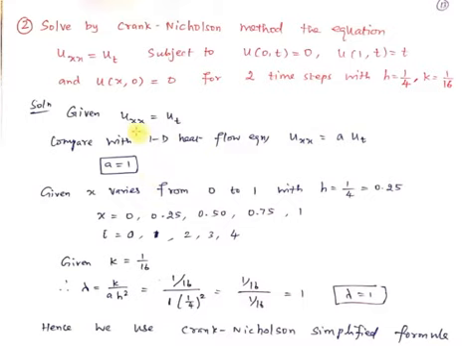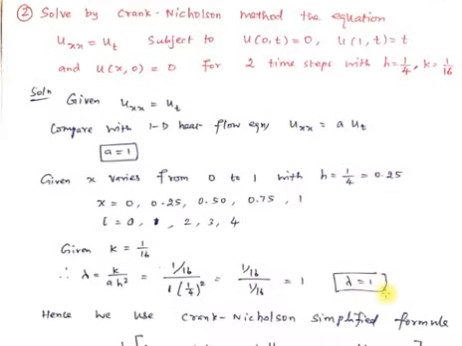Here u_xx equal to u_t, compare with a equal to 1. X varies from 0 to 1 with the increment h equal to 1 by 4, so 0.25, so i equal to 0 to 4, given k equal to 1 by 16, so lambda equal to 1.